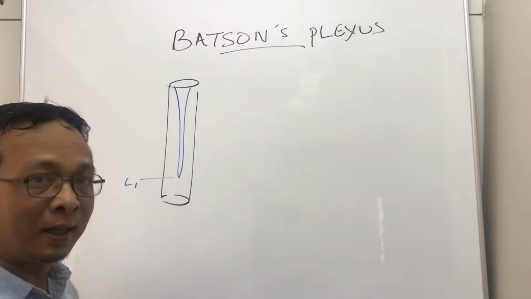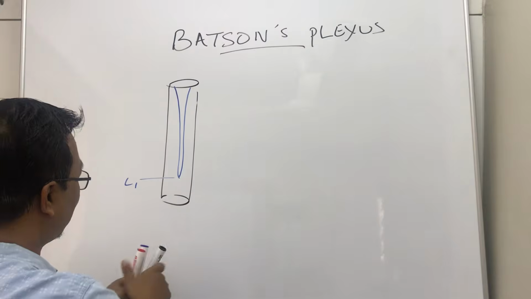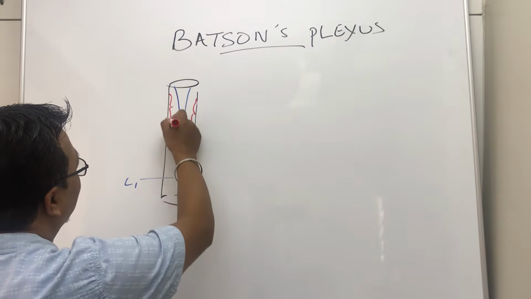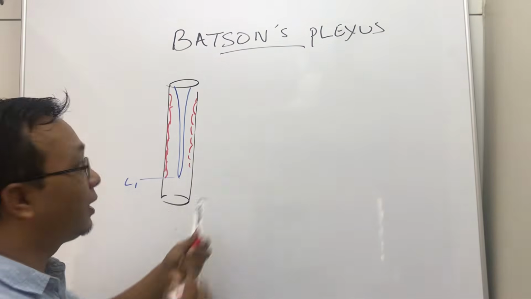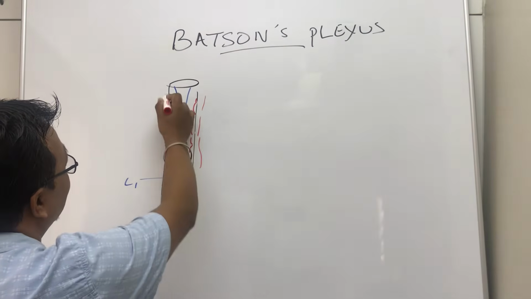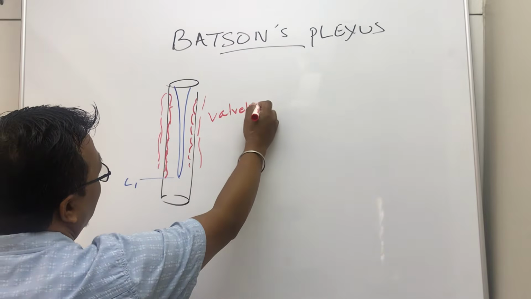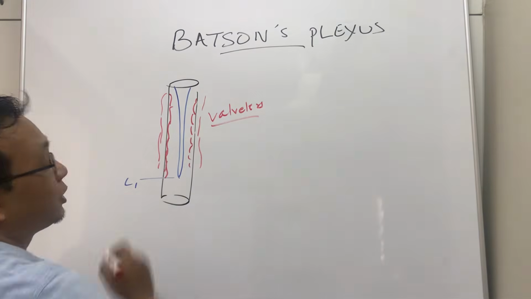Along with the spinal cord in the spinal canal, there are some veins. So these are a network of veins present internally and externally also. And these are valveless veins, which are called the Batson plexus.